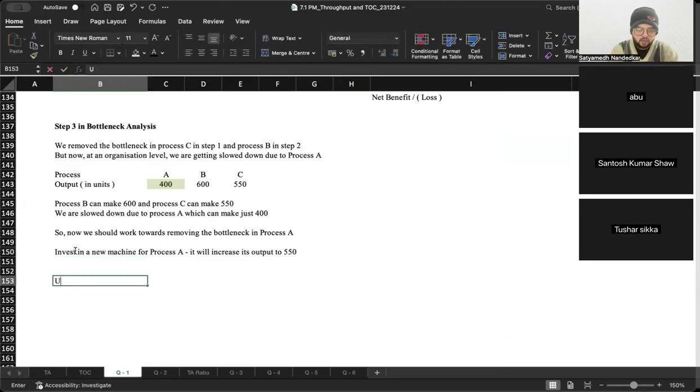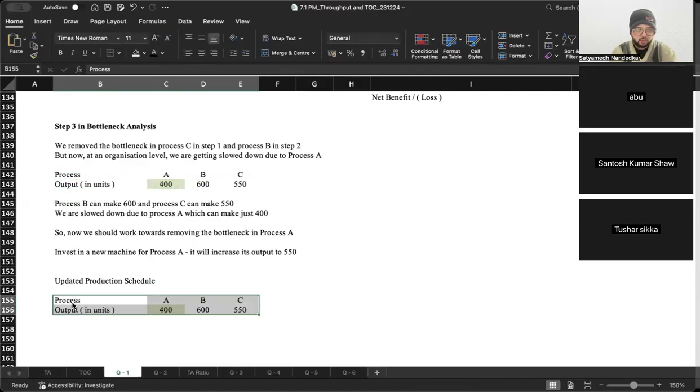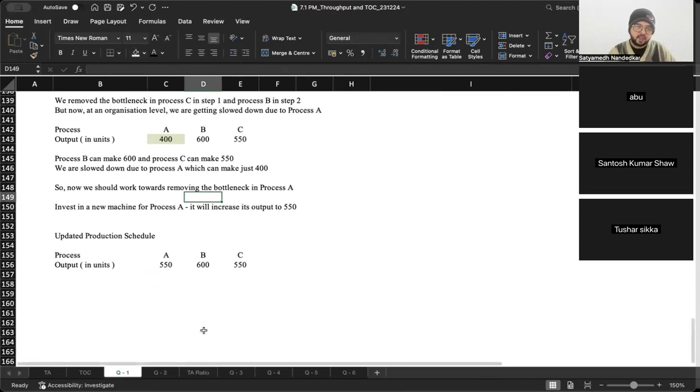So now, what is my updated production schedule? After I invest in a new machine for process A, this is 550, this is 600, and this is 550.